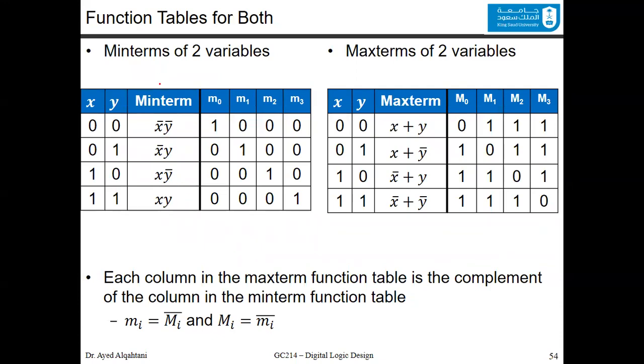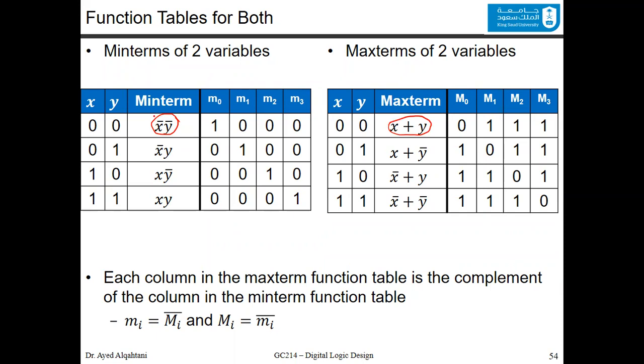Let's see it for two variables. If you have 0, 0, 0, 1, 1, 0, 1, 1, the truth table like this, x and y, the min terms are x bar y bar, x bar y, x y bar, and x y. And this is the matrix that we just mentioned. The max terms will be this way, and you can see that the complement of this one is this one.